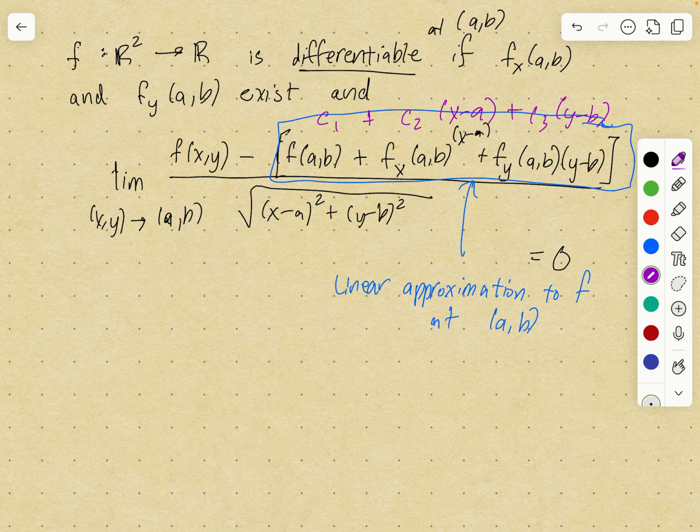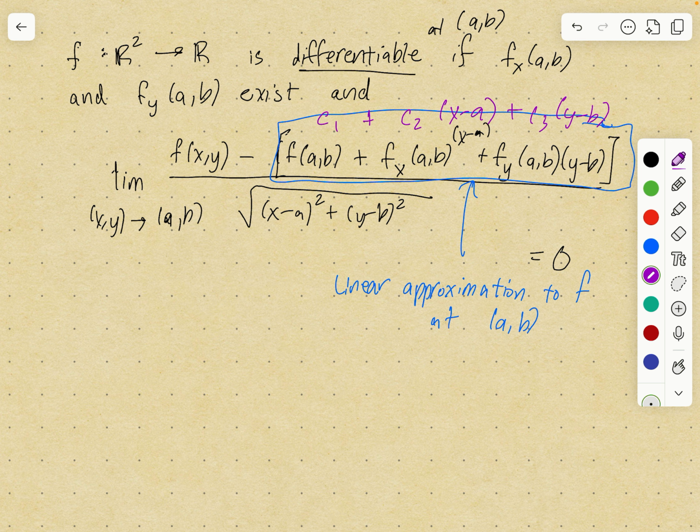Maybe one more thing I'll add is that in the condition that this limit is 0, it's important that you have this denominator, the square root of (x minus a) squared plus (y minus b) squared. Because if you just got rid of that and just took the statement that the limit of the difference between the function and the linear function is 0, well, that would apply to any linear function that has the same value at (a, b), right?